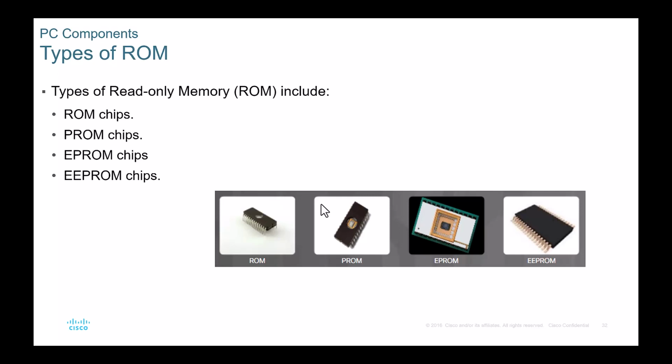Sounds about right. So, like we were talking about earlier, the different types of ROM are your ROM chips, your PROM, your EPROM, and your EEPROM. Again, these are all based on different use cases. You're not necessarily going to have to know what each of these do, but just be able to identify that they are read-only, which means we're only going to pull information from them.